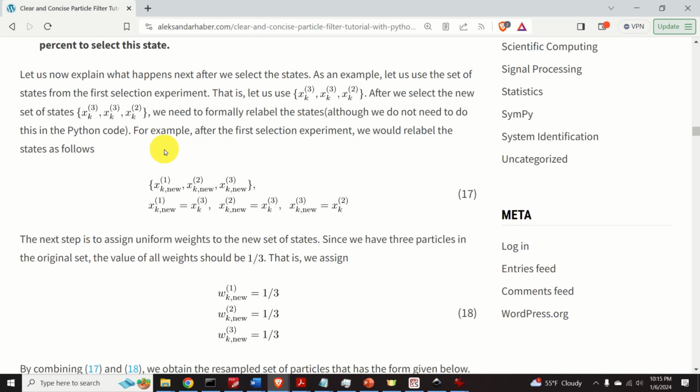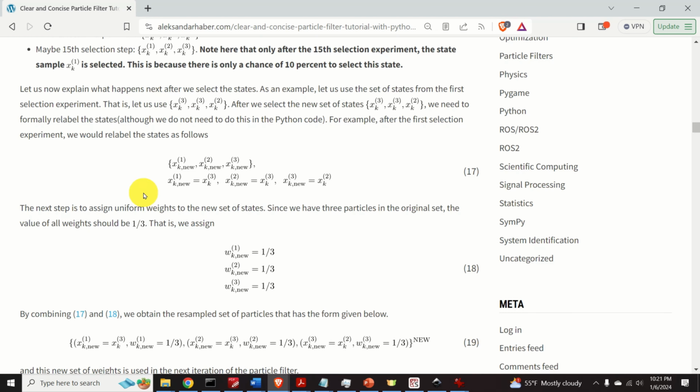Let us now explain what happens next after we select the states. As an example, let us use the set of states from the first selection experiment. That is, let us use the set consisting of xk3, xk3, and xk2. After we selected the states, we need to relabel them.